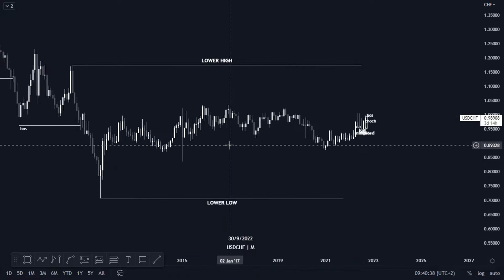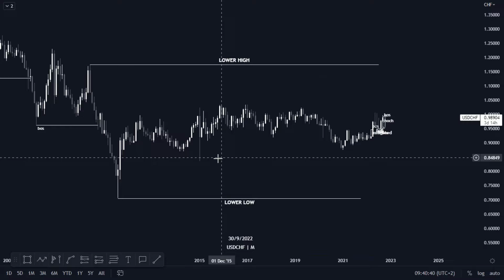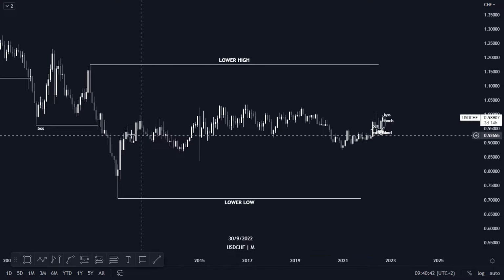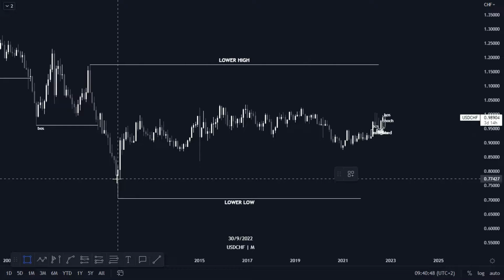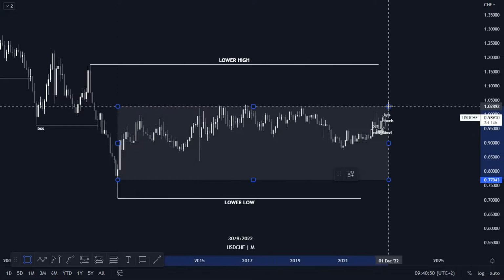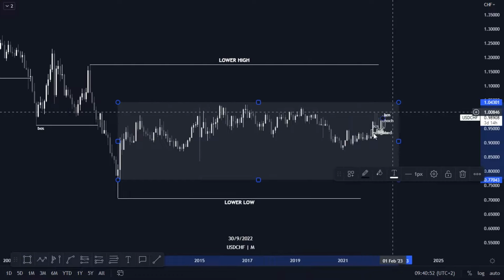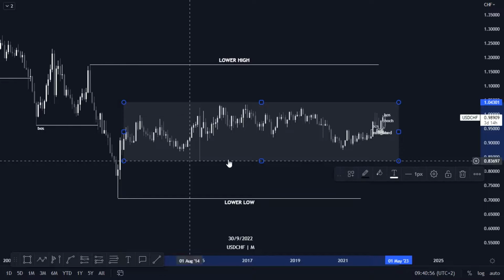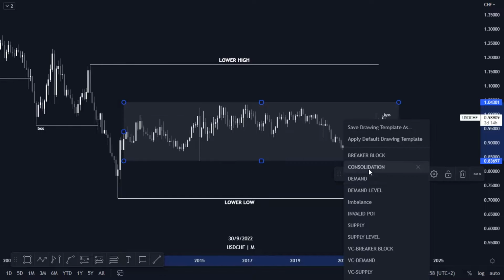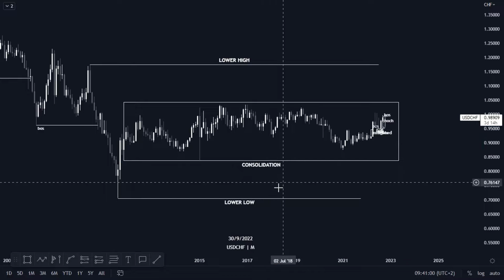Beautiful. Now we can also see that USD CHF has been moving sideways, meaning that it's been consolidating. We can see that from here to this zone here, USD CHF has been in a consolidation phase.